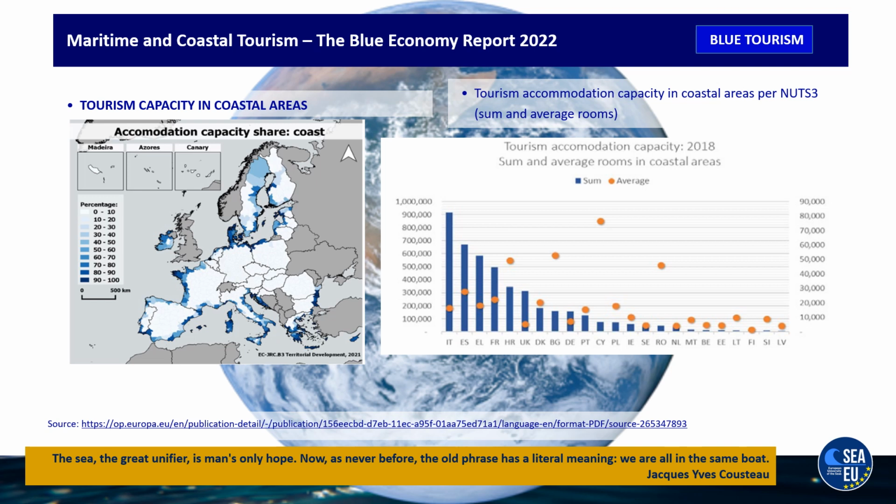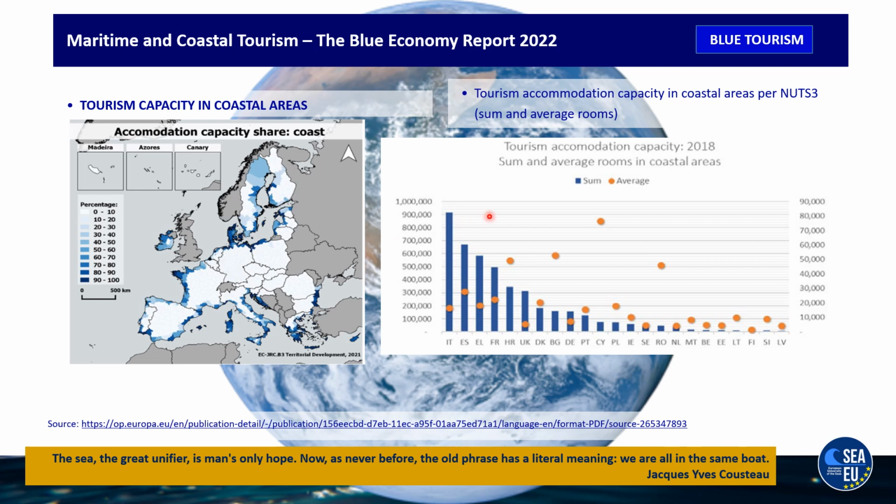The estimated accommodation capacity allows understanding the coastal tourism importance for regions. Most regions have high shares of rooms located within the 10 kilometers range, an indication of how coasts are actually the main tourism driver and visitor attraction.